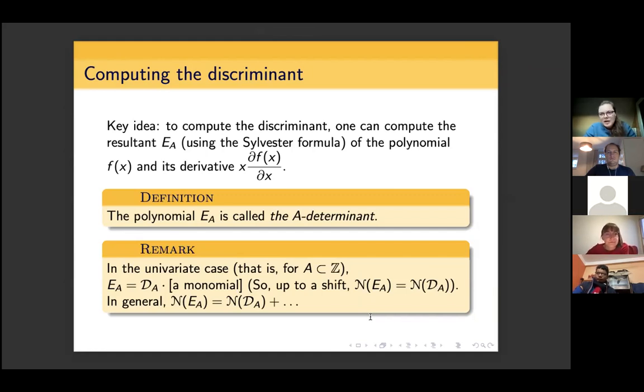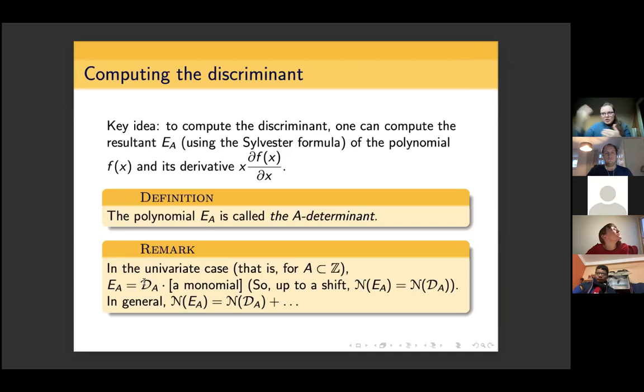In the univariate case, which we will mostly cover in this talk, that means that the set A, the support set, is one-dimensional. The A-discriminant is the discriminant that we are interested in, sort of, times a monomial. Therefore, up to a shift, as we have discussed before, the Newton polytopes are sort of the same.